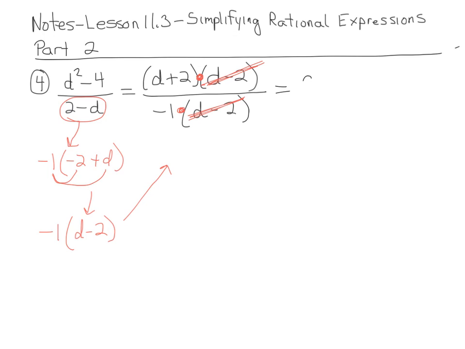So I had d plus 2 over negative 1. That's d being divided by negative 1, and plus means and, 2 being divided by negative 1. So when d gets divided by negative 1, that gives me a negative d.